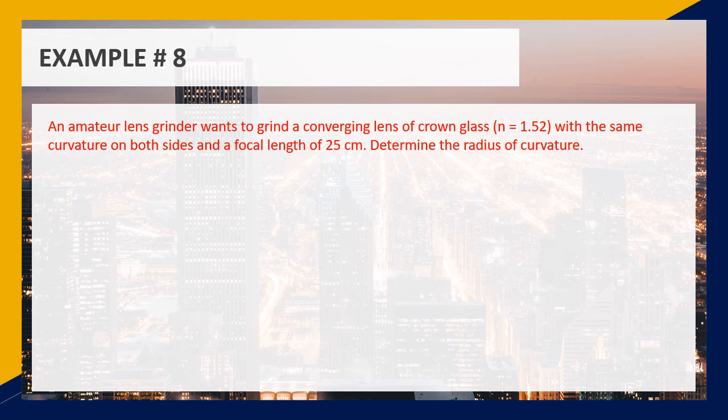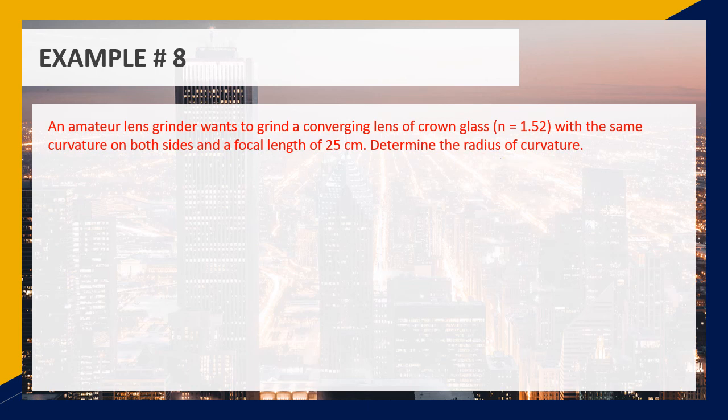So, another example will be your assignment. An amateur lens grinder wants to grind a converging lens of crown glass n is equal to 1.52 with the same curvature on both sides and a focal length of 25 centimeters. Determine the radius of curvature. Pasabot niya, same curvature on both sides, so ang inyong radius of curvature is equal.